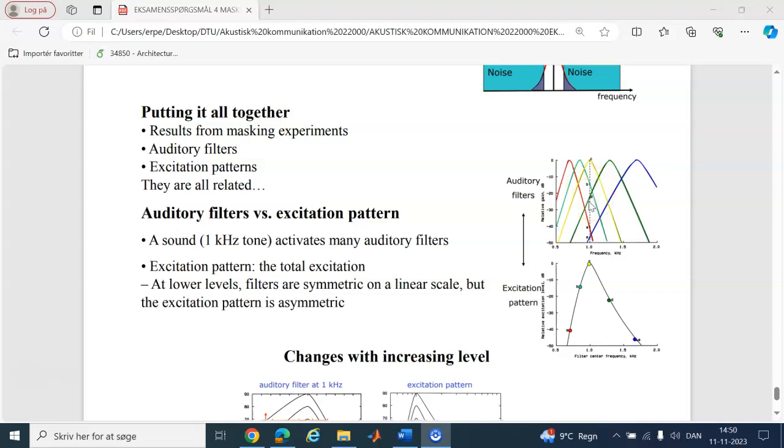It intersects this auditory filter at D, and the blue one in E.